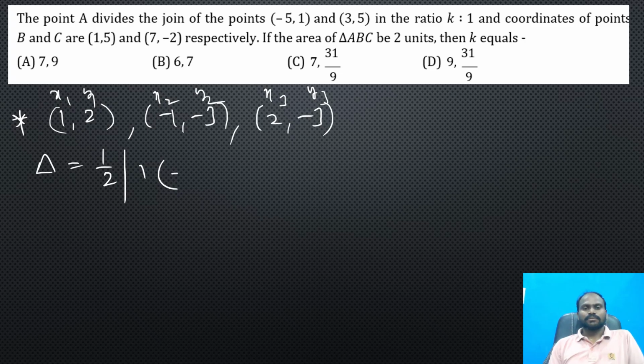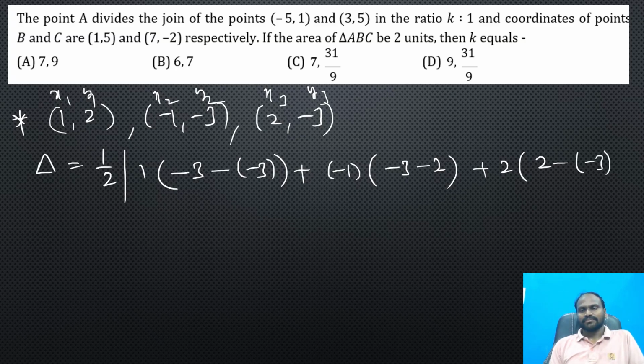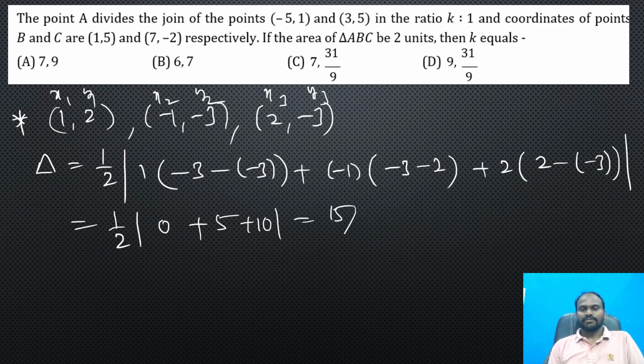So x1 into (y2 minus y3), right students, plus x2 into (y3 minus y1) plus x3 into (y1 minus y2). Like this we can find it. So half into, this is 0, minus 1 into minus 5 is 5, 2 into 5 is 10. So 15 by 2 square units is the area of the triangle. In that way we can find it. Right, that is a basic example to find the area of a triangle.